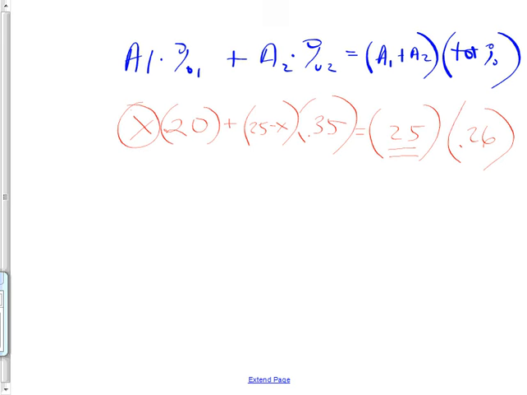So let's say I had two numbers that add up to 20, and one of them's x. X plus something is going to add up to 20. What's the other number got to be? 20 minus x. That way the x and the negative x will cancel and it'll work. If two numbers, x and something else, add up to 55, x plus what's the other number got to be?